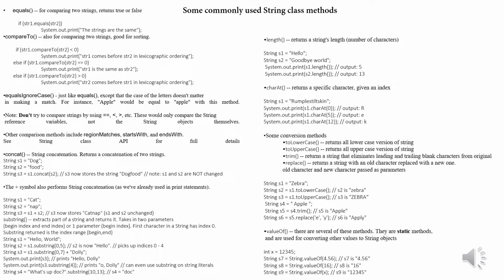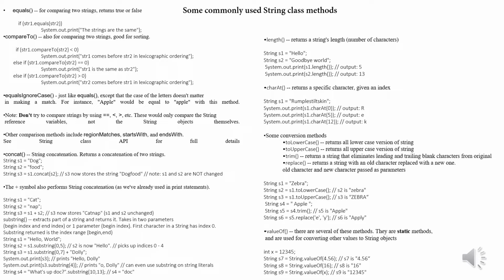Another important method is charAt. I've already used this method in the previous sessions in some of the examples. So charAt will return a specific character, right, in a special position, right?